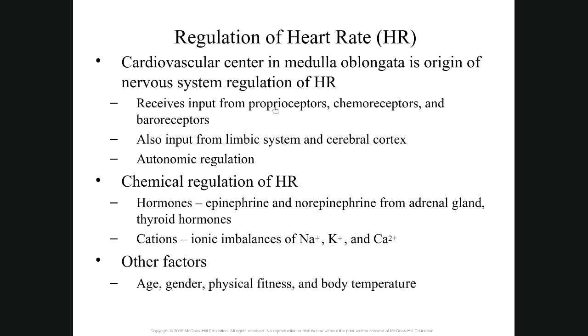We have some input from the limbic system and also the cerebral cortex, and we have autonomic regulation too. The chemicals can regulate our heart rate, like hormones, epinephrine and norepinephrine, and thyroid hormone. We have some cations, when we have imbalance of sodium ion, potassium, hydrogen, and calcium, all of them can change our heart rate.